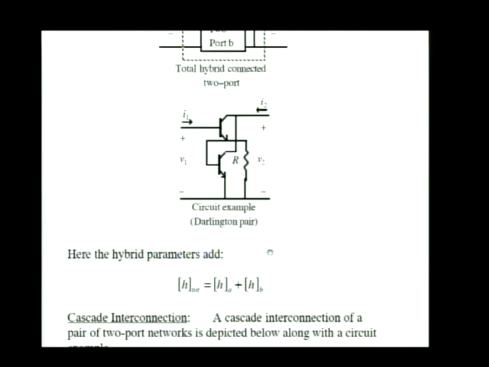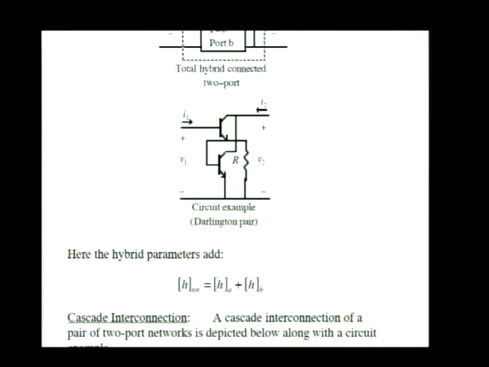Now, of course, a given circuit can contain one pair of two-ports that are series interconnected, and then another two-port connected to that in a shunt type interconnection, and then another two-port interconnected to that whole circuit in a hybrid interconnection, and so on and so forth.